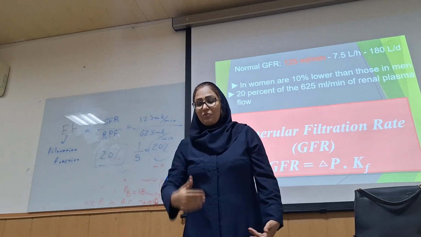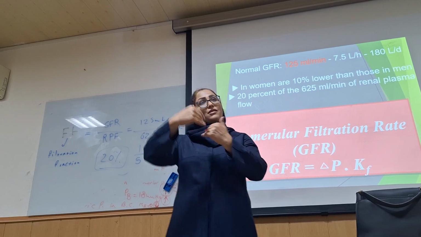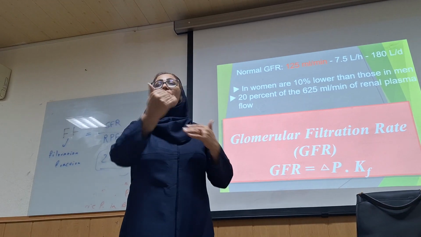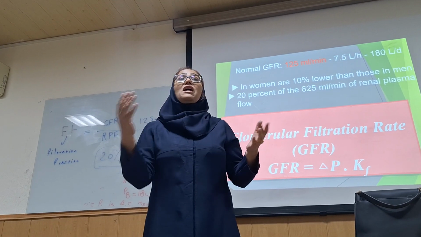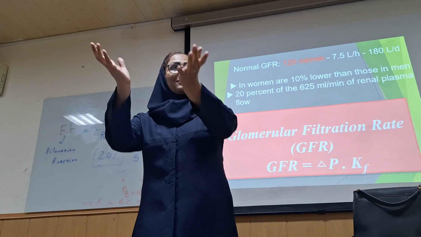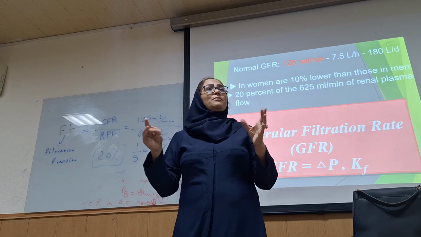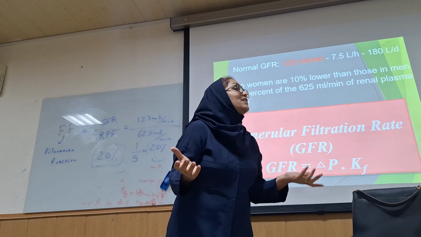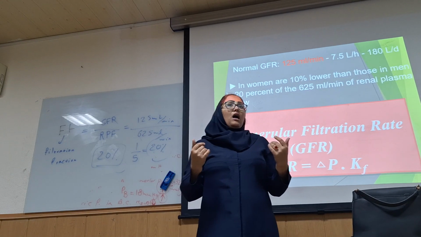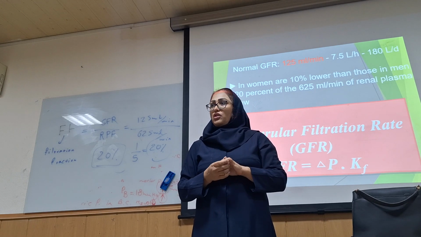The sodium concentration now is the same, potassium concentration is the same, water concentration is the same. It doesn't mean all of the plasma is filtered. But proteins cannot filter. Blood cells cannot filter. No question?